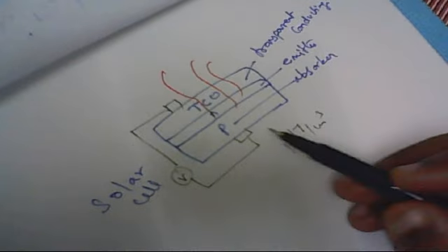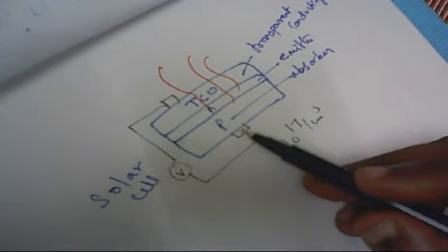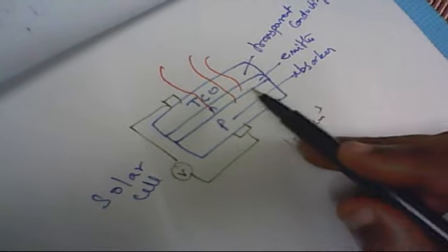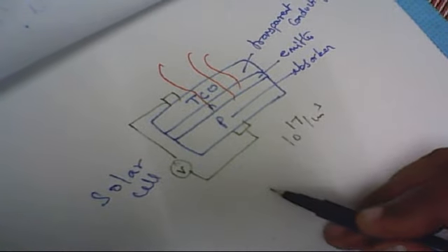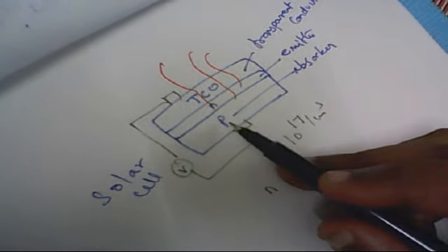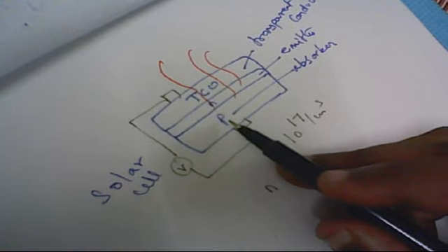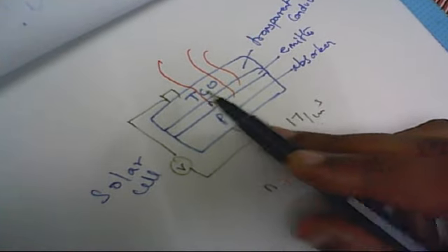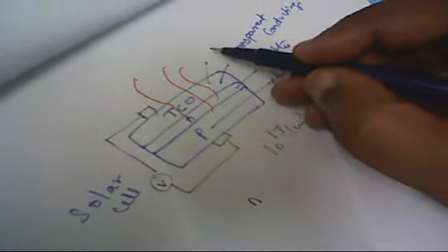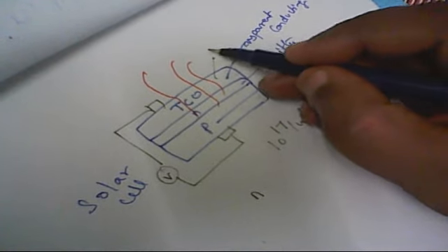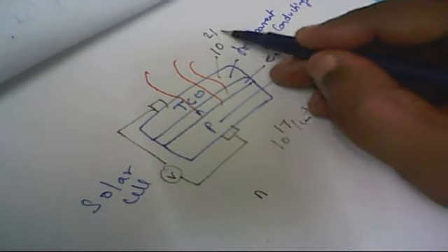By using Hall effect measurements, we can characterize the number of charge carriers present in that particular material. For example, TCO is a degenerate semiconductor material that requires 10 power 21 per centimeter cube.